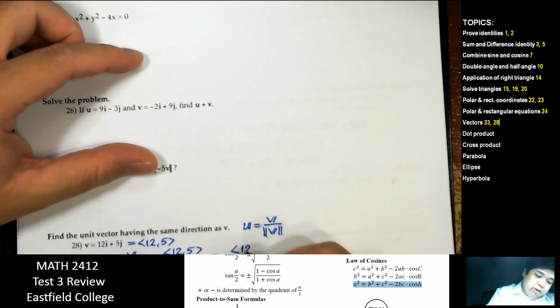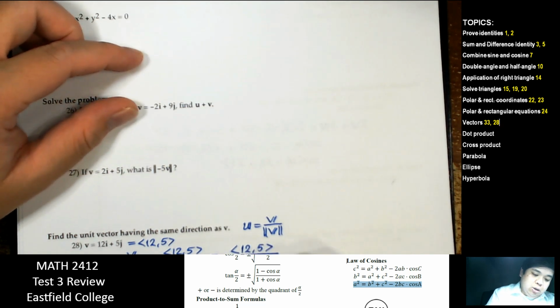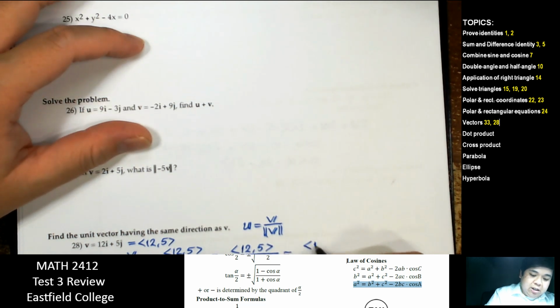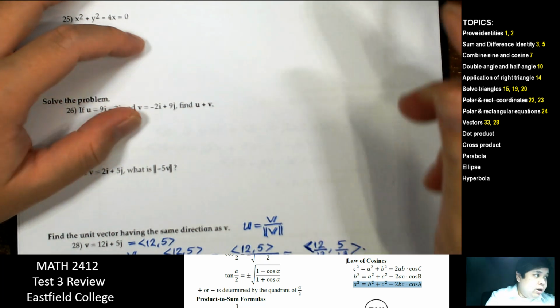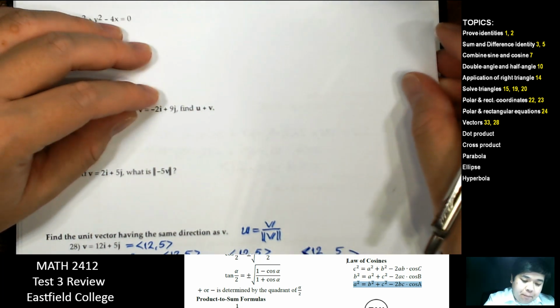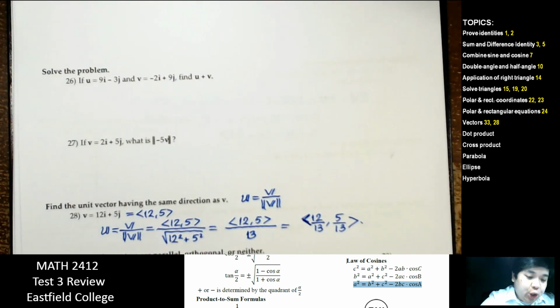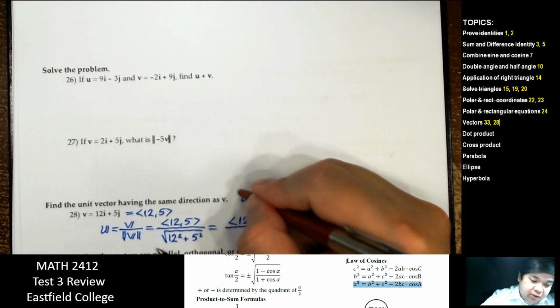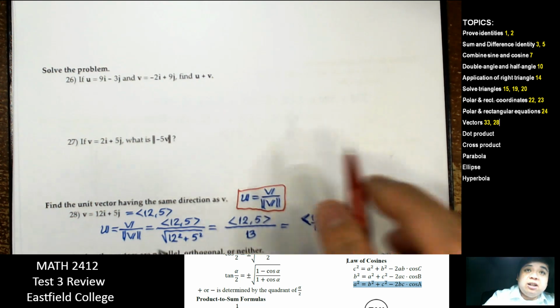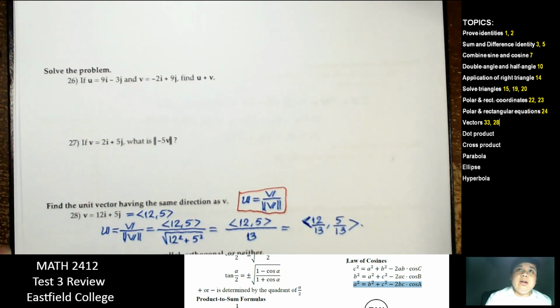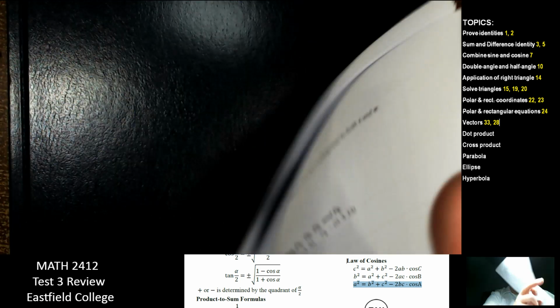So still 12 and 5. The magnitude will be 13. And then we can just split, and it will be just that. So that is the unit vector in the direction of another vector, and we do need to know that.